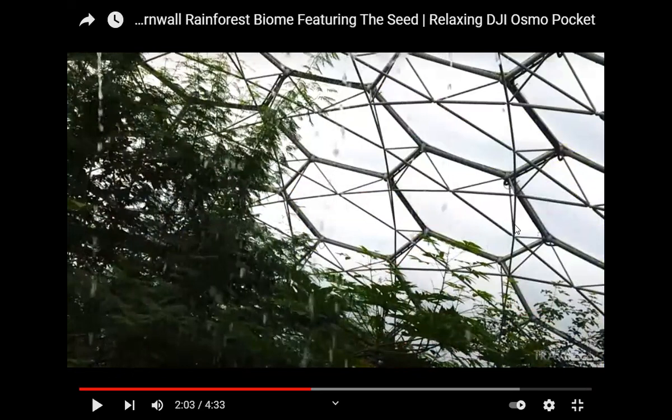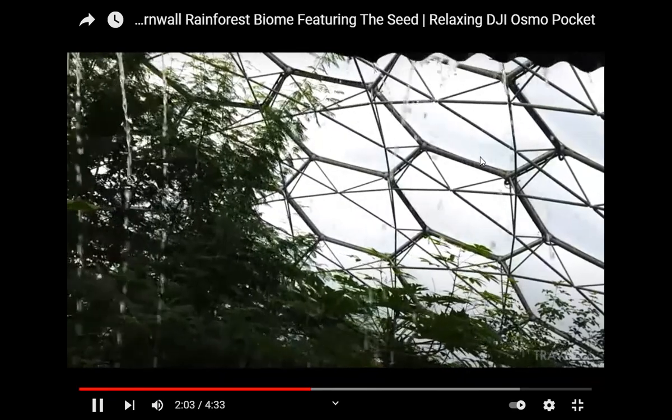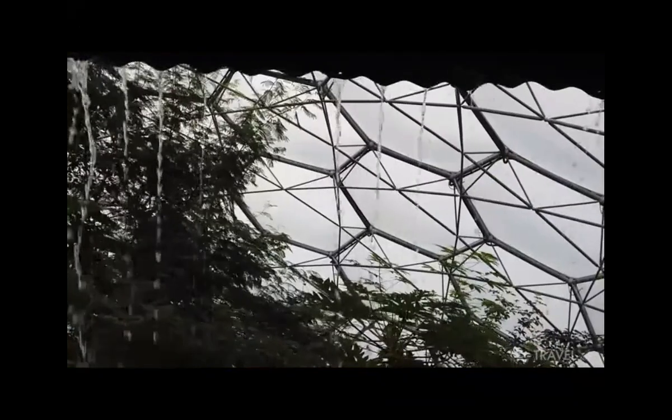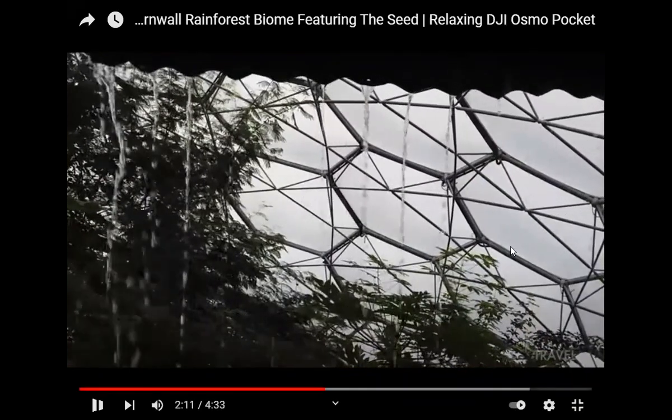It is made of, not plastic, glass. Excellent. I'm sorry, it's made of glass. Here, like a rainforest. It gives human beings a chance to know the relationship between nature and human beings. That's why you should know that.